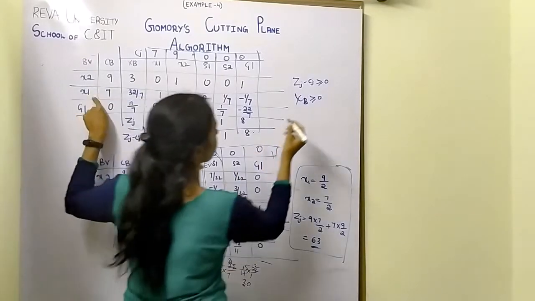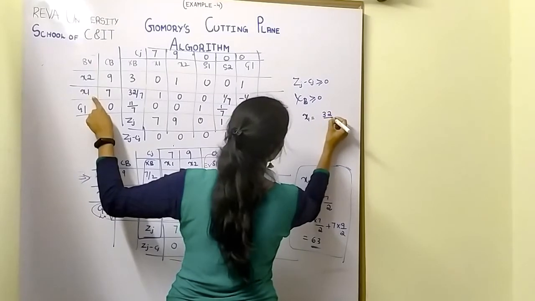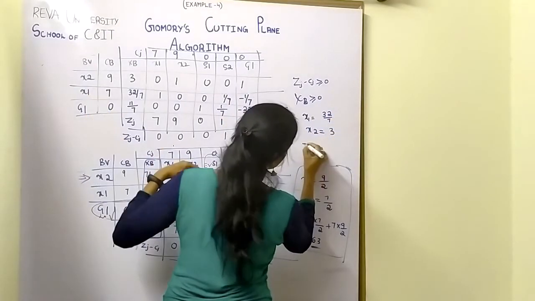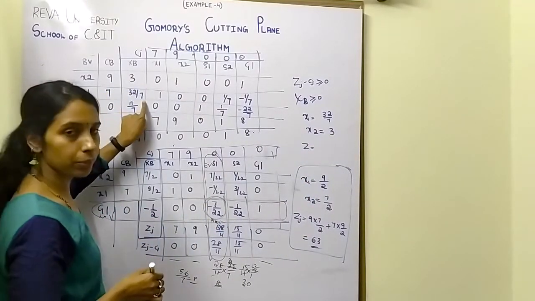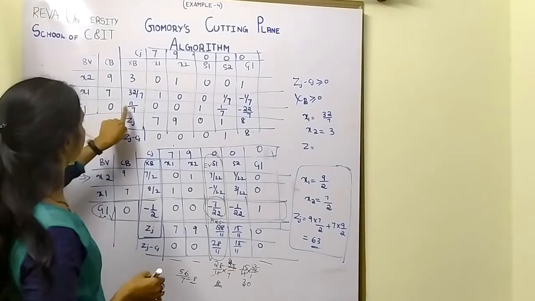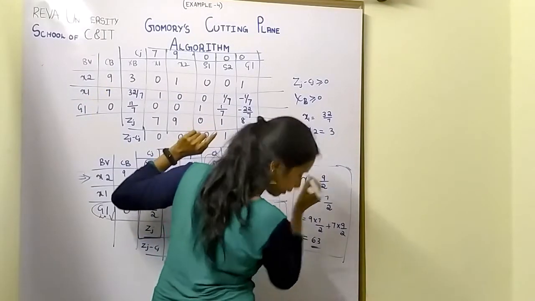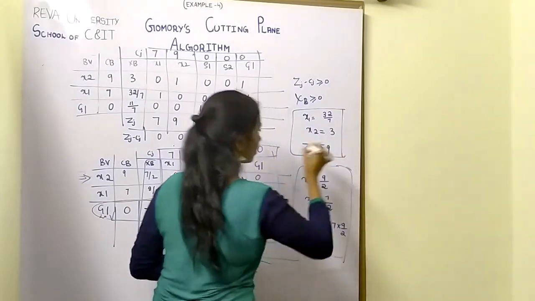What is our x1 value? X1 is 32 by 7. X2 value is 3. Z value will be 9 into 3 plus 11 into 32 by 7 plus 0 into 11 by 7. So you will get 59. This will be the answer.